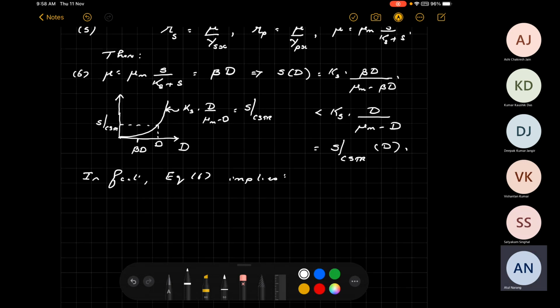On the left hand side is the concentration of the recycle reactor as a function of D, and on the right hand side I have this expression over here.